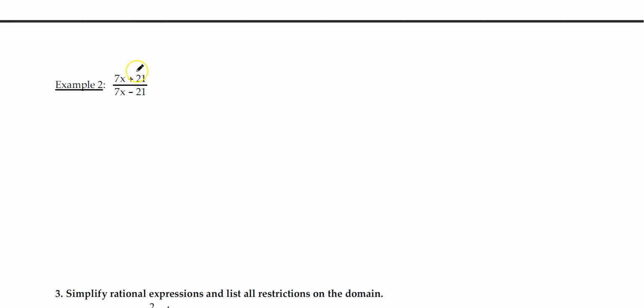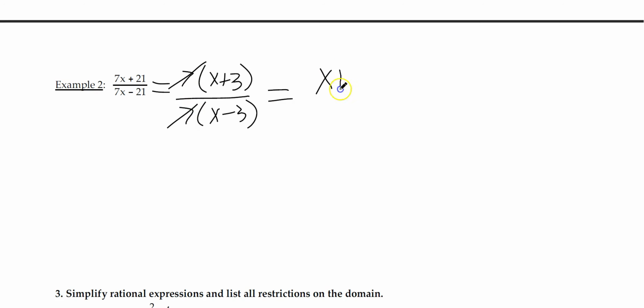These are terms. Terms don't reduce like that. However, we can factor the greatest common factor on the top, 7, giving us x plus 3, and then the bottom, 7, giving us x minus 3. And now we have two separate factors, and one of these factors reduces because 7 divided by 7 is 1, leaving us x plus 3 over x minus 3.